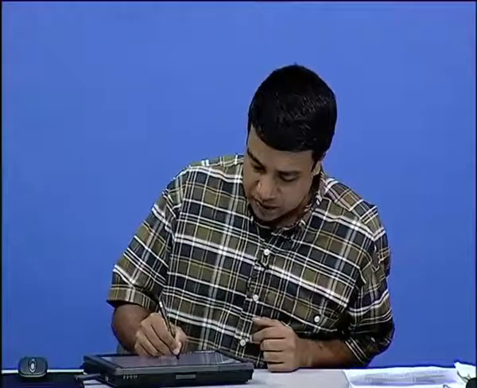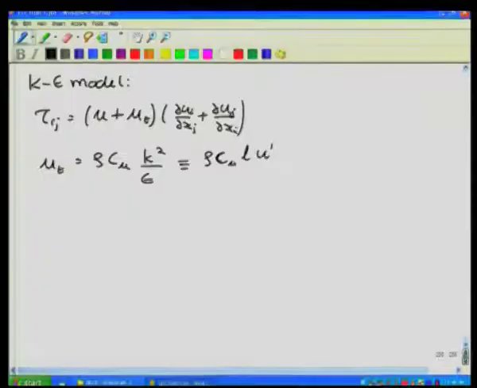The other models that are often used for this are what are called the mixing length models. The mixing length model is similar. It has some constant in it. It has a mixing length and it has a velocity of fluctuations. Rho times a diffusivity. Diffusivity has a length scale in it and a velocity scale in it, and u prime is the velocity of fluctuations, L is the length scale.